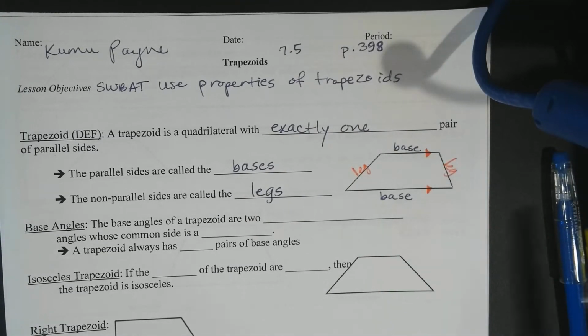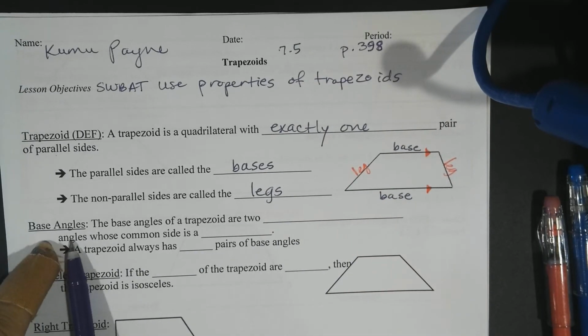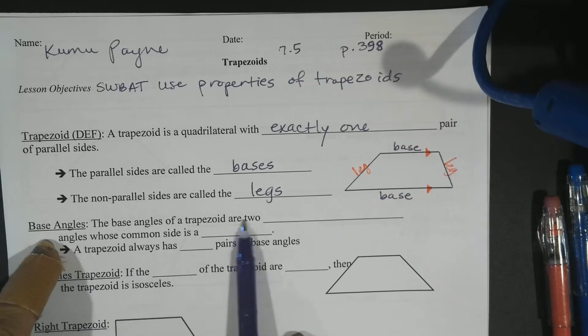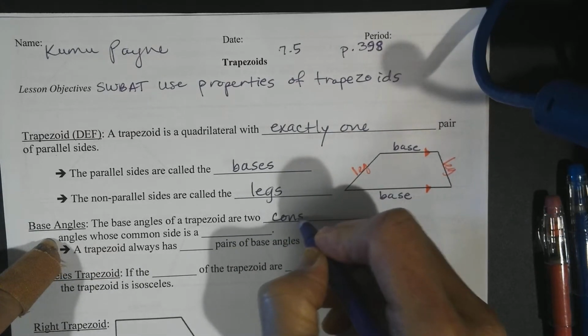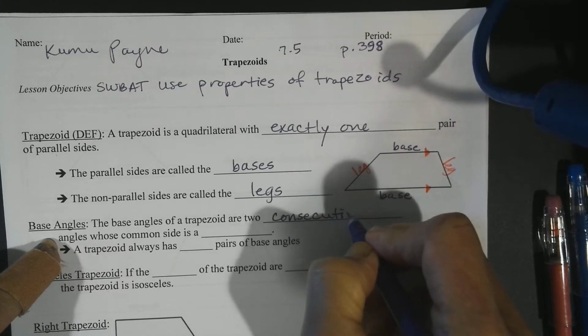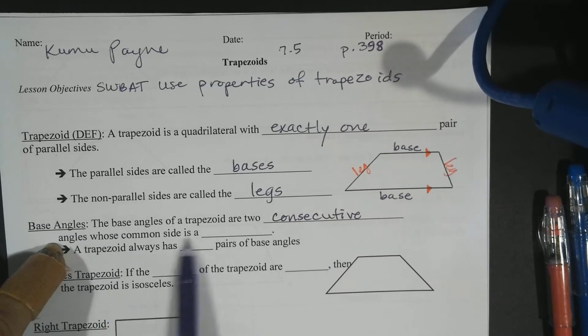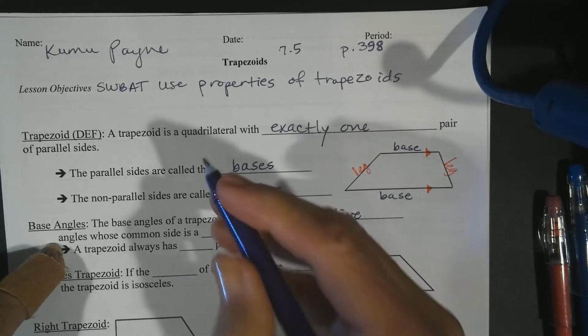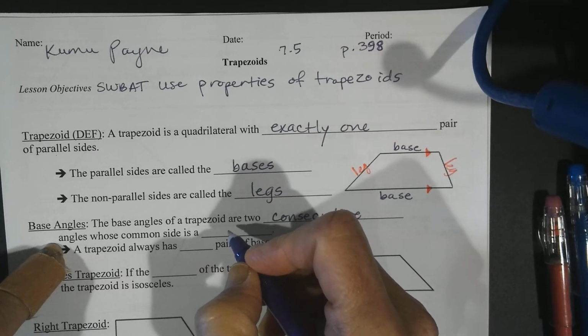Now the other part of this picture is that we have what's called base angles. The base angles of a trapezoid are two consecutive angles, remember, that means right next to each other with nothing in between them, whose common side is a base.